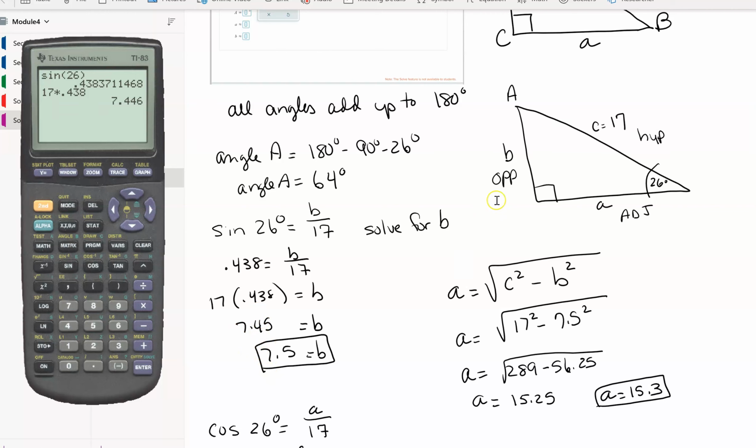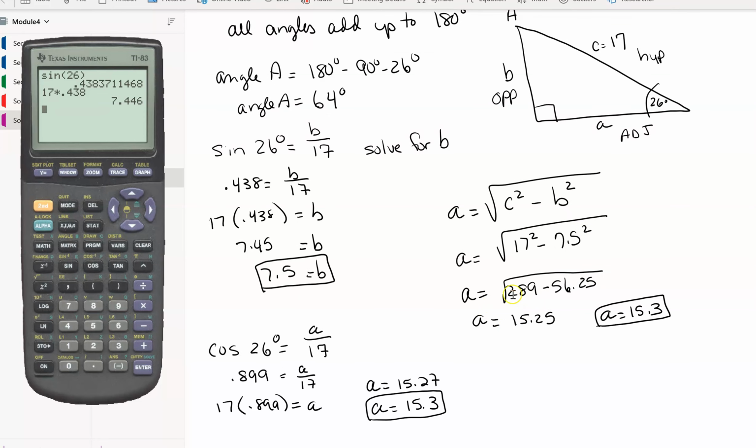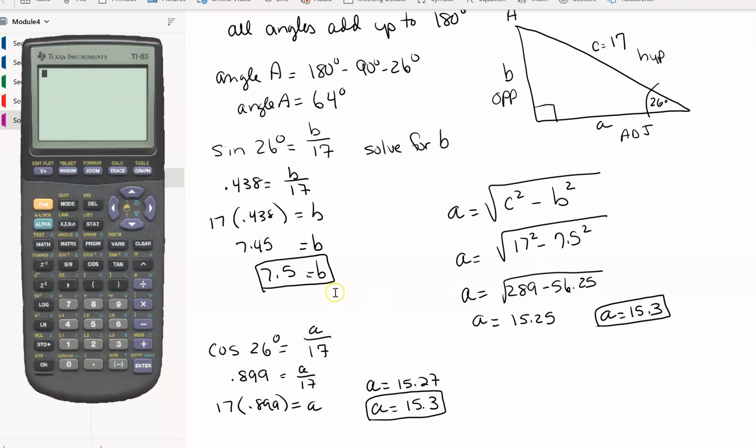Now I can use Pythagorean theorem to find side A because I know 2 of the sides now. The hypotenuse is 17, and now my B is 7.5. So I can say A is going to be the square root of C squared minus B squared, or 17 squared minus 7.5 squared. So 17 squared is 289, minus 7.5 squared is 56.25. This is a subtraction problem, so I take 289 minus 56.25.